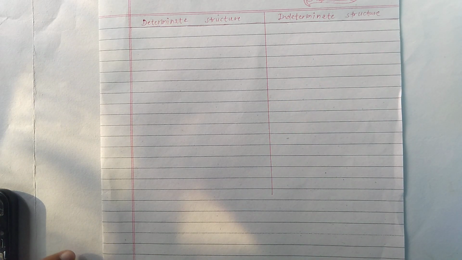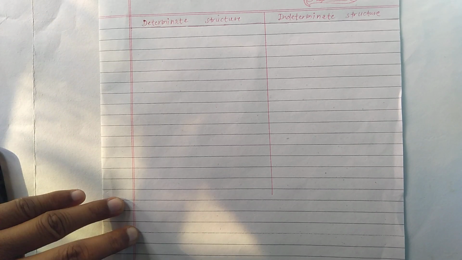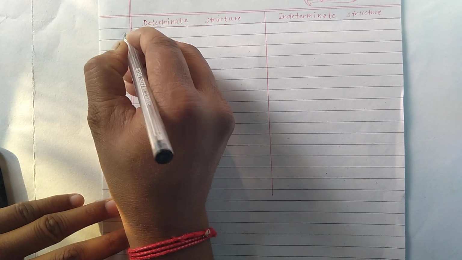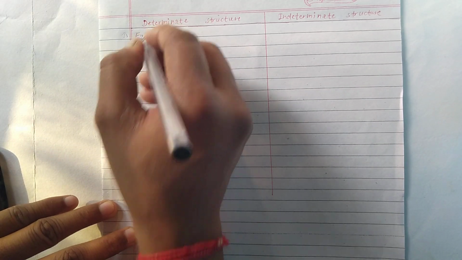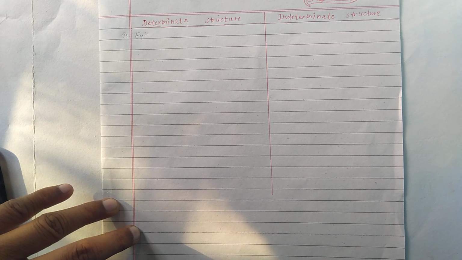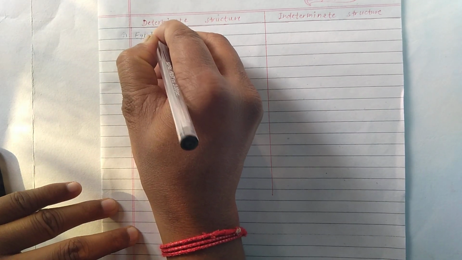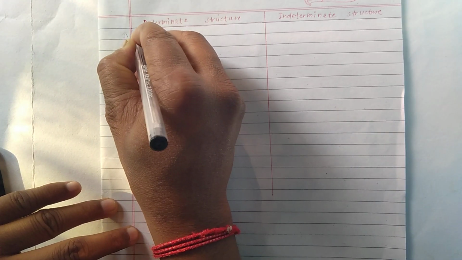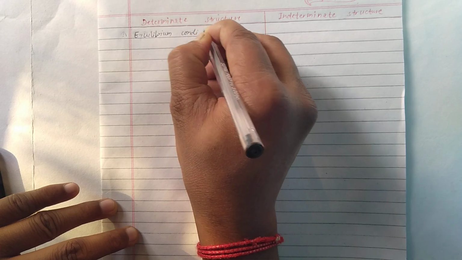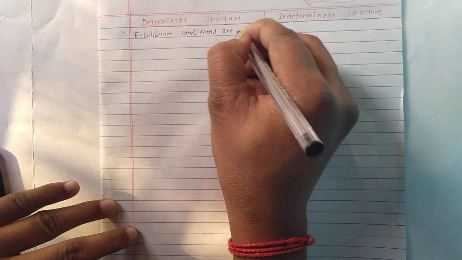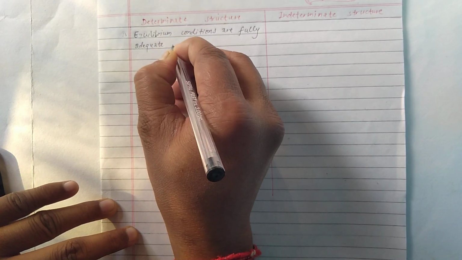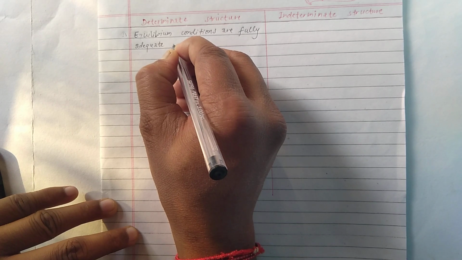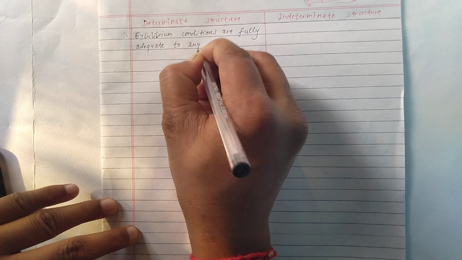So in the very first step, the first thing we have to know: in the first point, you can see that in a determinate structure, equilibrium conditions are fully adequate to analyze the structure.